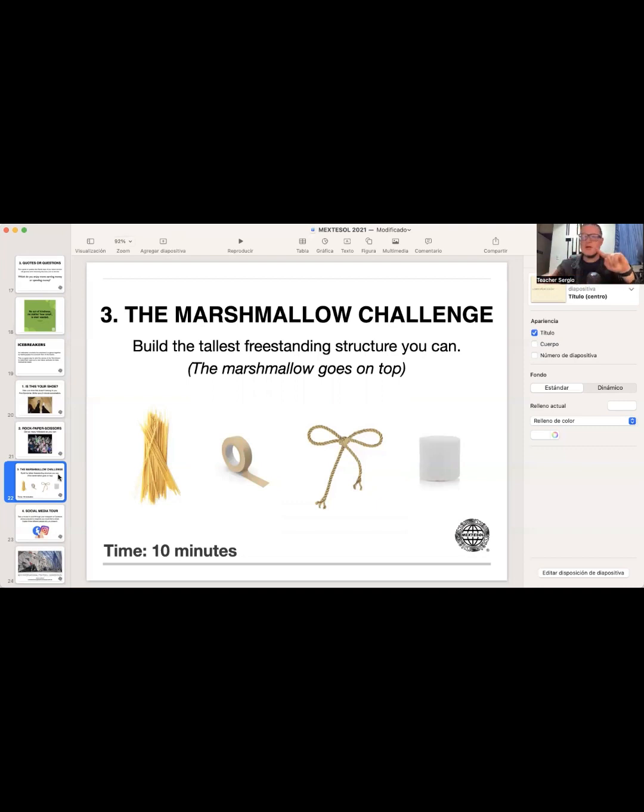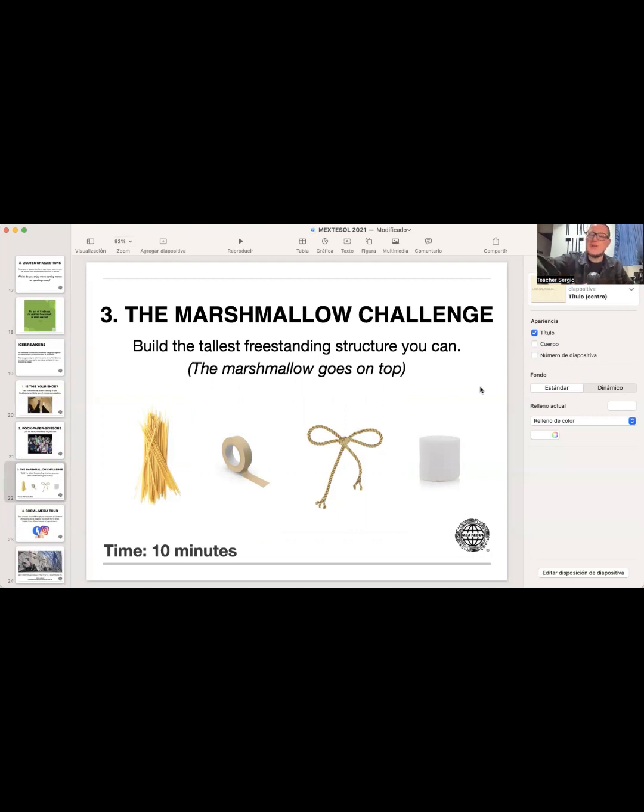Normally, this is what you need. You need spaghetti or pasta. Of course, new pasta. Don't bring your cooked spaghetti. You will need tape. You can give them a little bit. I normally do not use the rope, and a marshmallow. What they have to do is build the tallest freestanding structure.